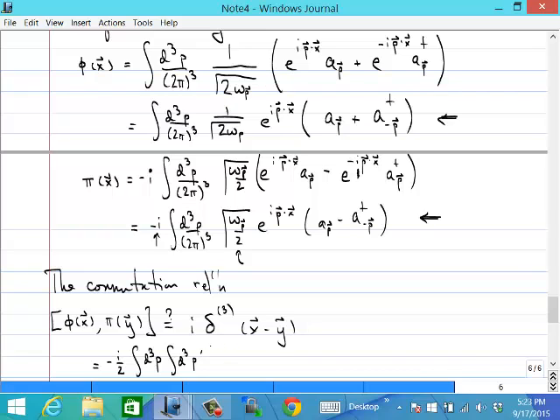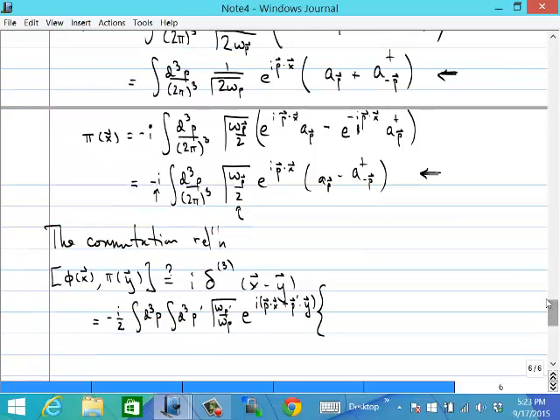You get a square root of omega p prime over omega p. And you get an e to the i p dot x plus p prime dot y. All of that times some oscillators, I spoiled the surprise. All of that times some of these modes, these operators, AP and AP dagger.